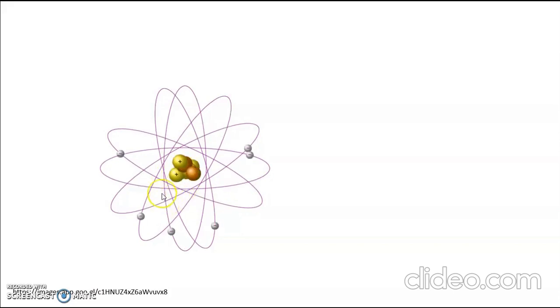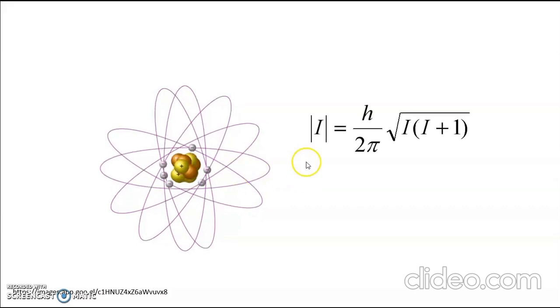For nuclear particles, the nuclear spin will always be the resultant spin of protons and neutrons, as both have spin angular momentum, and it is denoted by spin angular momentum I. Spin angular momentum I will be the resultant, and it is given by the expression h by 2 pi root of I into I plus 1 by quantum mechanics, where I is the spin quantum number for the nucleus.